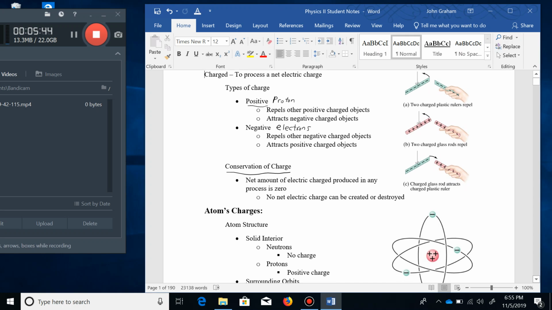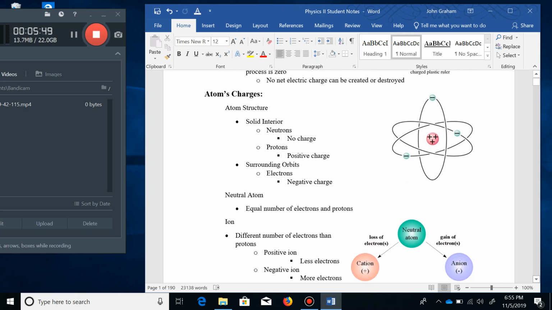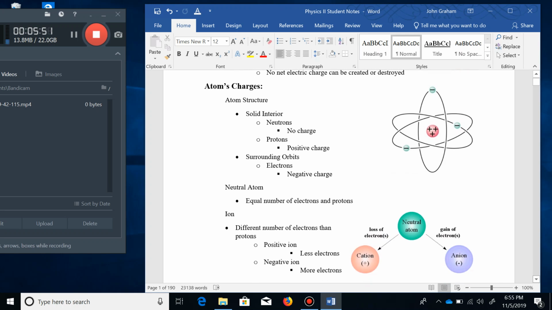Alright, so let's get down to the structure, kind of an overview of atoms, just to make sure we have a good understanding of atoms and their structure. For atoms, in the center is where all the positive charges are going to be, and all the neutral charges end up in the center. That includes the neutrons, which have no charge, and the protons, which have a positive charge.